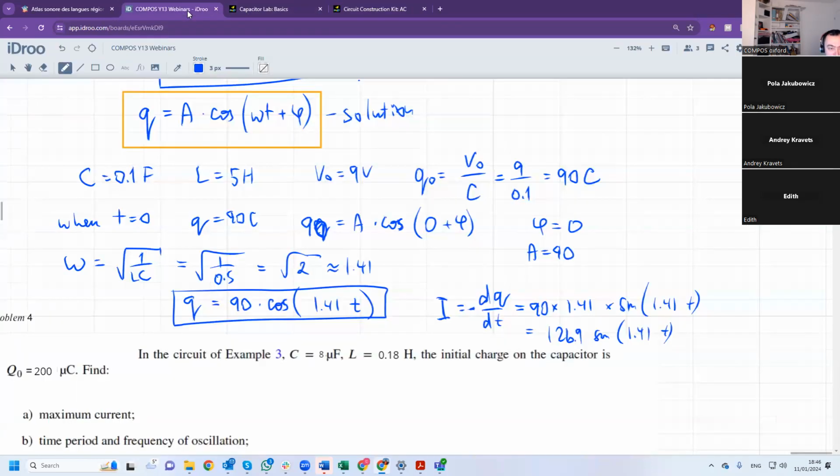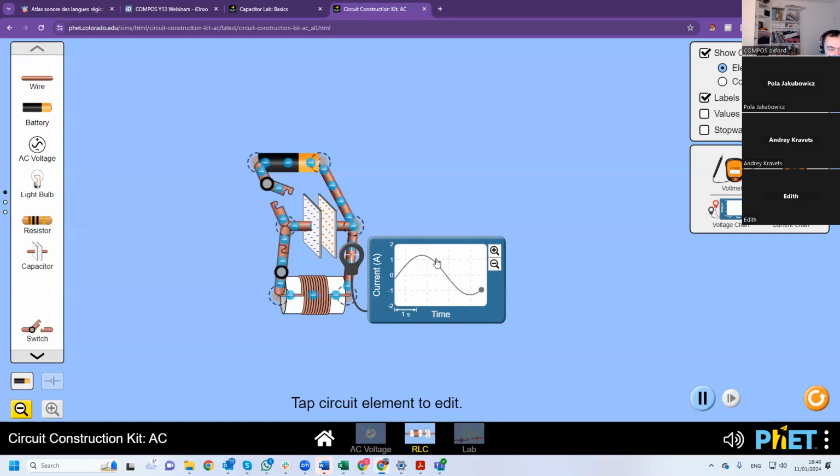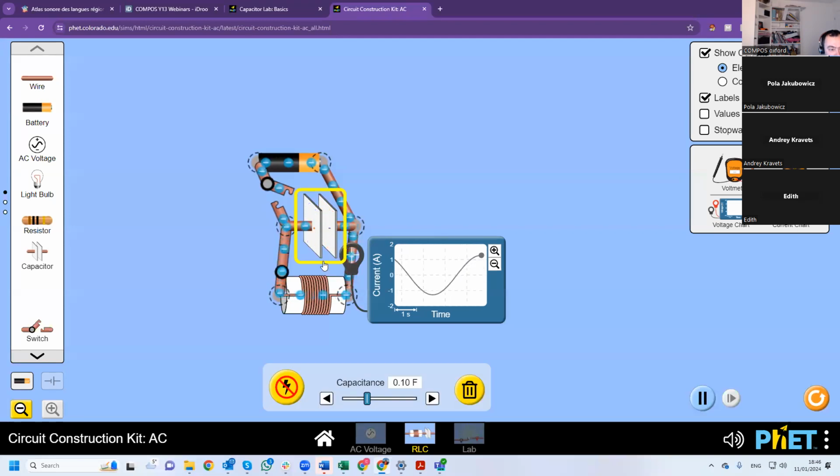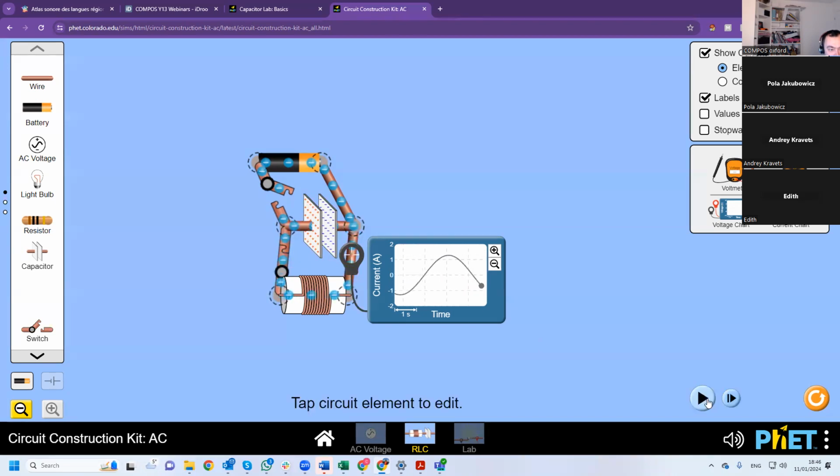The maximum current is about 1.3. It sounds like it, but not 100. So what went wrong? I think we got something wrong.